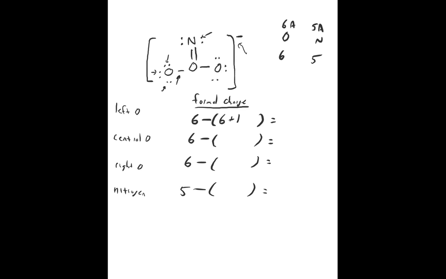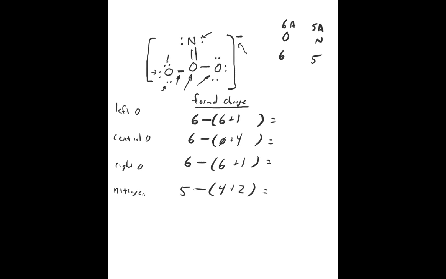The central oxygen doesn't have any lone pairs, but it has a total of 4 bonds. The oxygen on the right has 3 lone pairs, so that's 6. A lone pair is 2. It has 1 bond, so that's 1. And then the nitrogen has 2 lone pairs, so that's 4, and then it has 2 bonds, so that's 2.